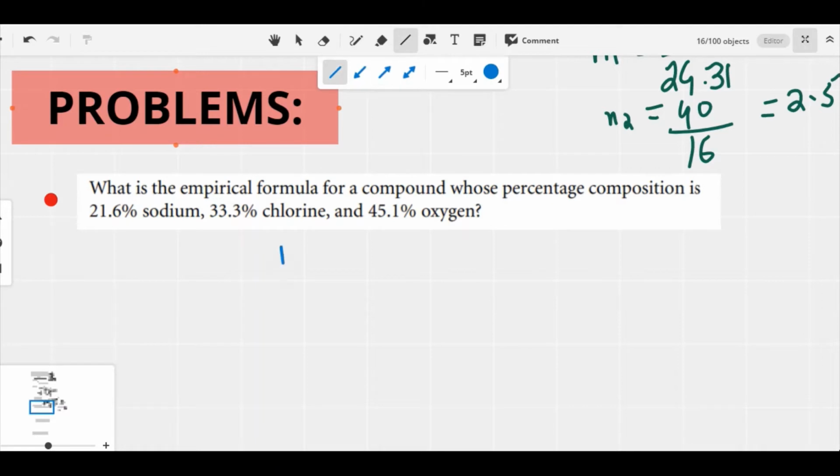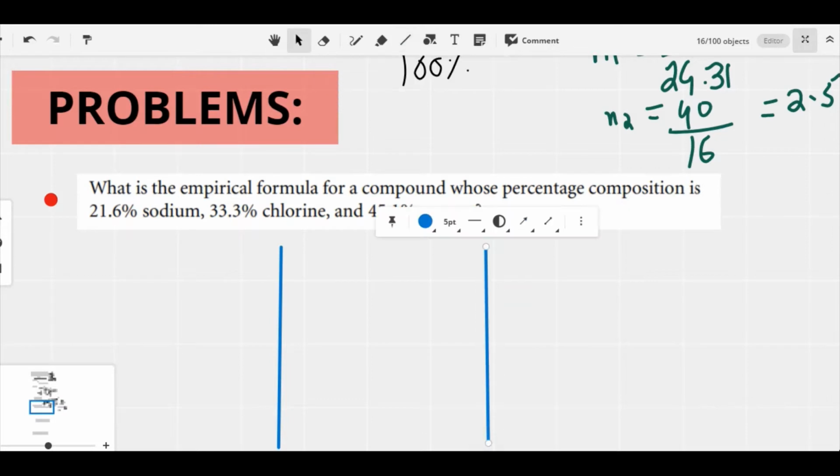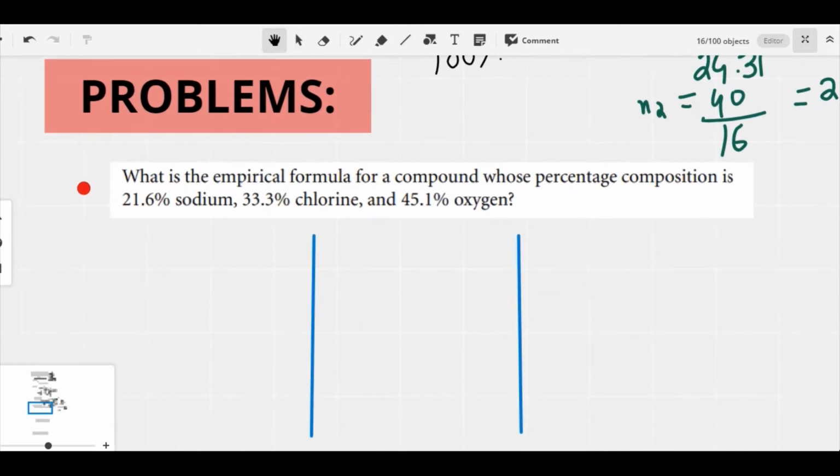So we have three atoms: sodium, chlorine and oxygen. First of all, we need to find the moles of each atom by using the percentage composition. Let's write sodium, chlorine and oxygen. Here is 21.6%, which we can consider as 21.6 grams of sodium.